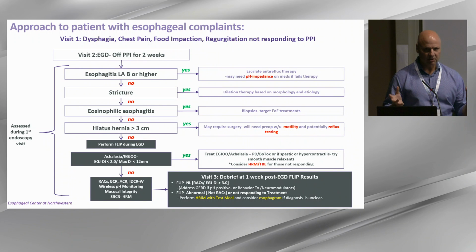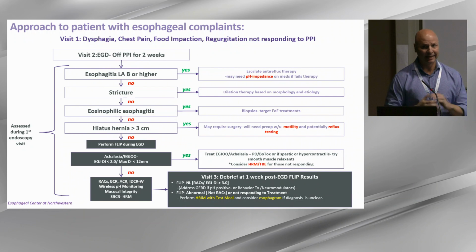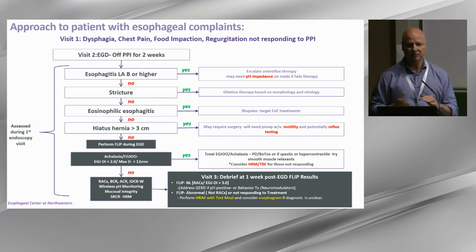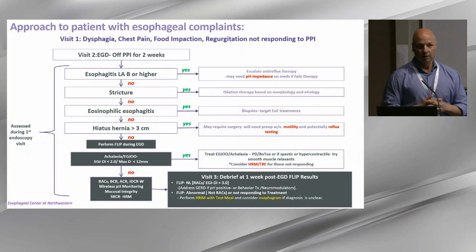I will have essentially been able to rule out almost everything in our differential in the span of maybe an hour, or if I had to do some wireless pH testing, 96 hours. And at the end of that period of time, I would have answered all of their questions.